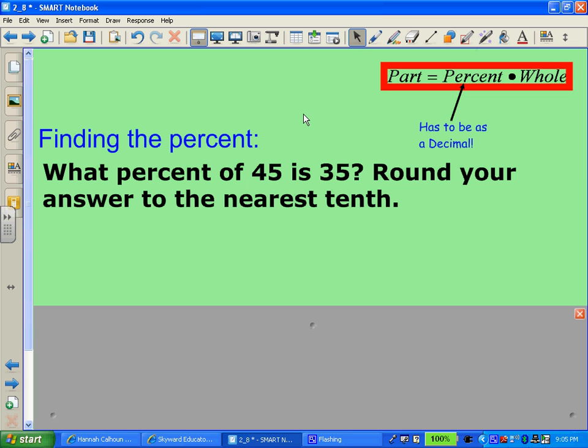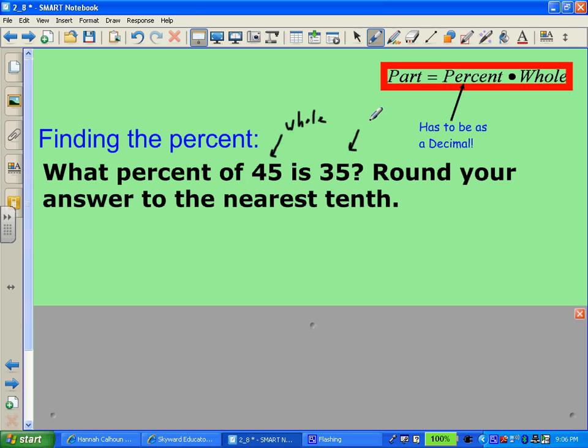Now let's look at this next kind where we're trying to find the percent. These are also easy to recognize because they will say, what percent? So that tells you right away you're trying to find the percent. So percent is going to be x. So, what percent of 45 is 35? Now here's the word of again. So hopefully you recognize that the number after of has to be the whole.